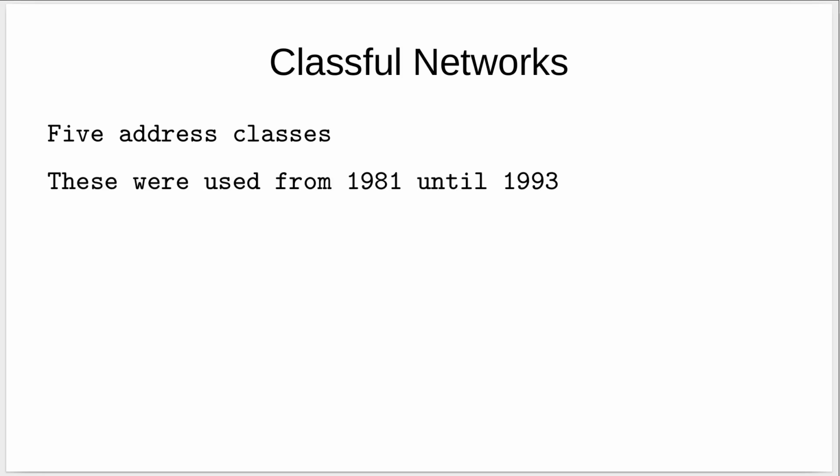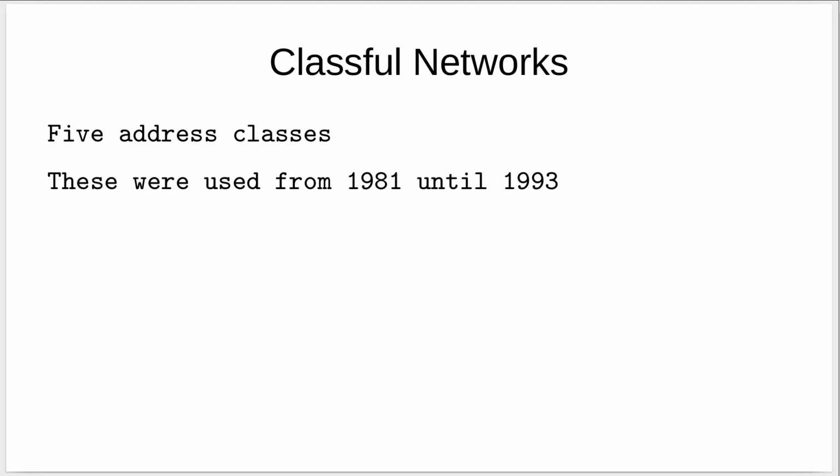Okay. Classful networks. So what exactly is a classful network? Well, there are 5 IP address classes, and these were used really from September 1981 when the Internet Engineering Task Force released its Request for Comment, or RFC 791.